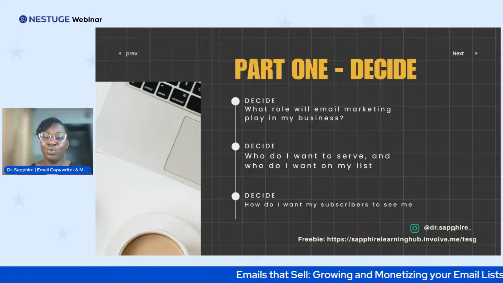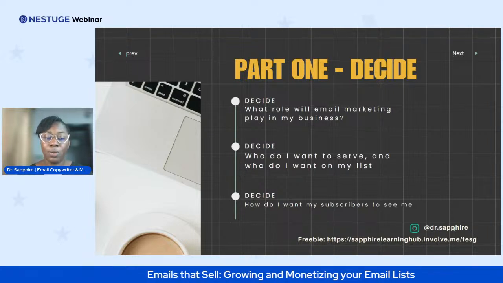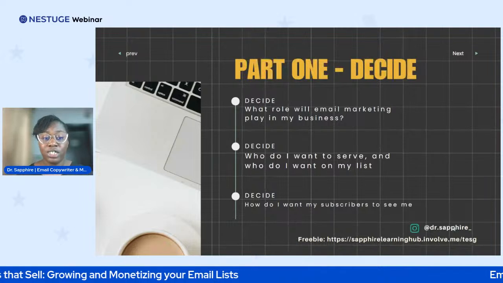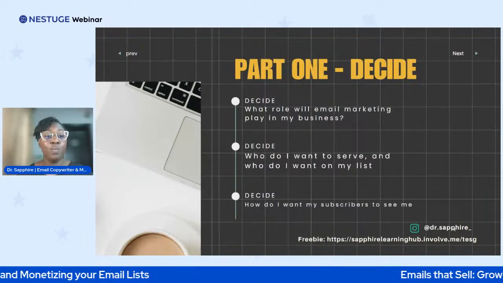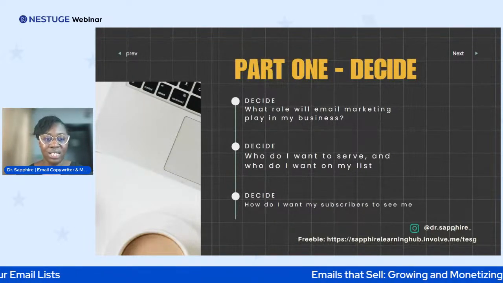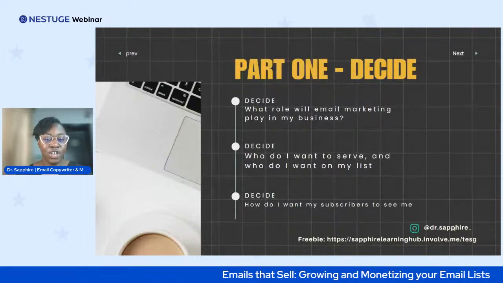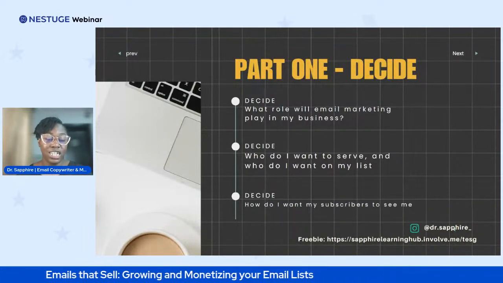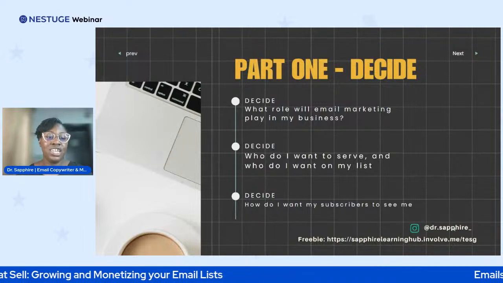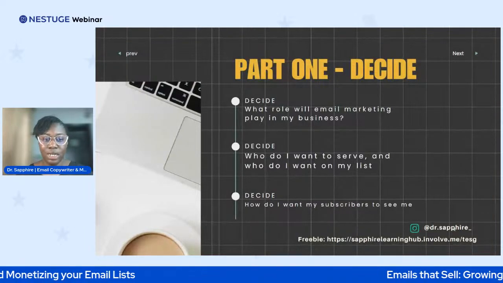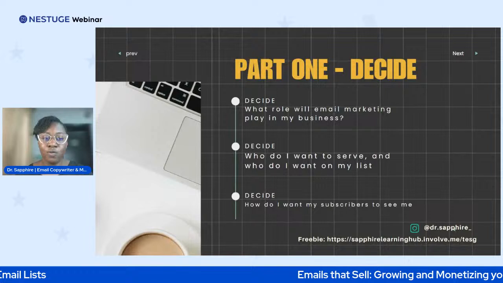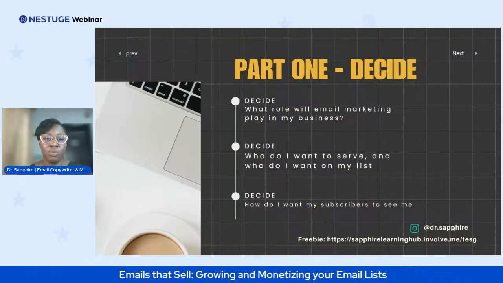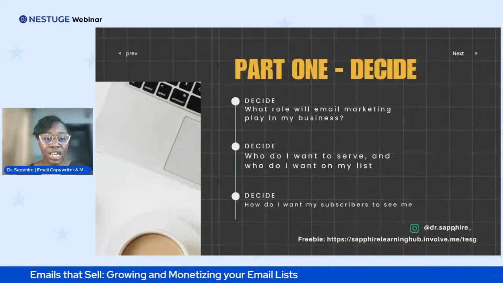And finally, you want to decide how you want your subscribers to see you. For my own email list, one of the things I want them to see me as is a guide, somebody who can guide them in email marketing. And this singular phrase guides my activities, the kind of emails I send and the kind of things I share with my email list. I also want a subset of those people to see me as an accountability partner, to help them start, grow, and monetize their list.